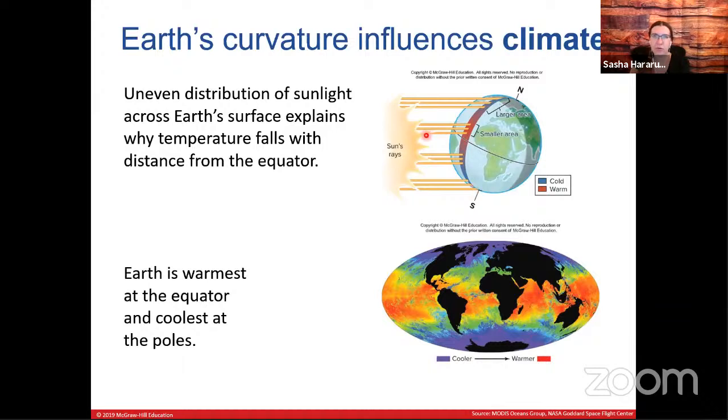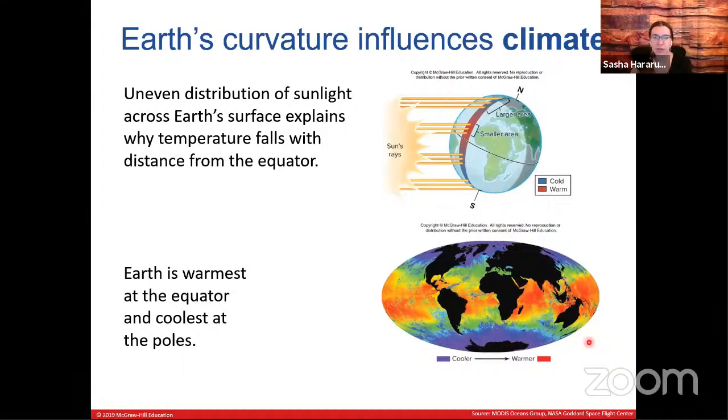And because the sunlight hits the Earth at a more direct angle, it delivers more energy in these regions. Whereas these regions right here get less energy from the sunlight because the rays do not hit the land surface directly, but at a more oblique angle.